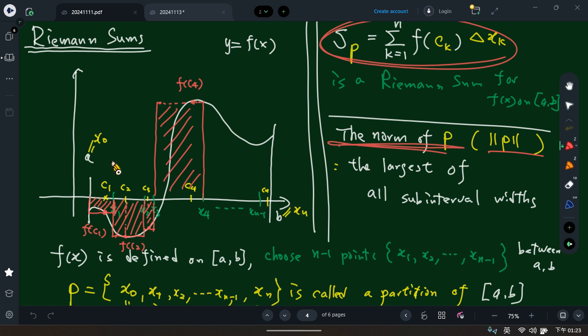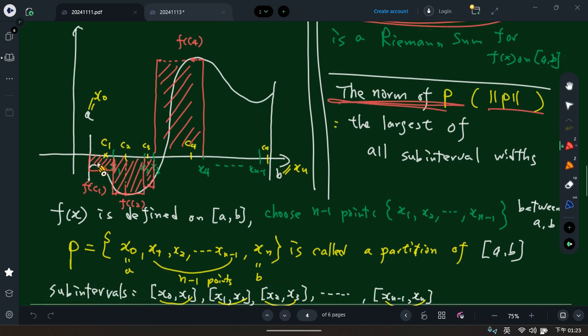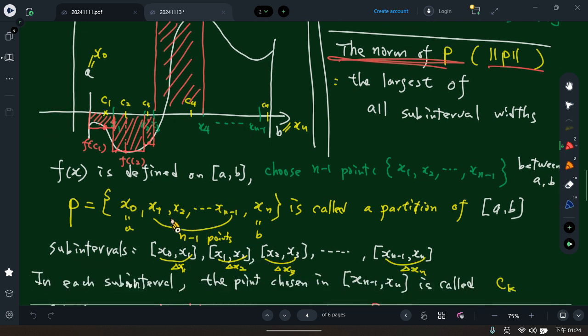Then, based on the interval A to B, I can randomly pick n minus 1 points. When we include these two end points, x0 and xn, that means A and B, totally we will have n subintervals.